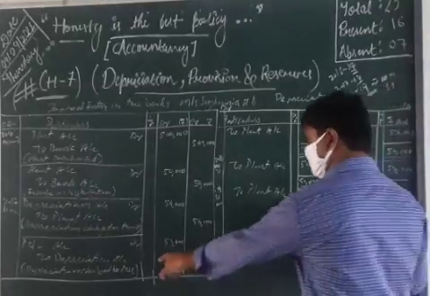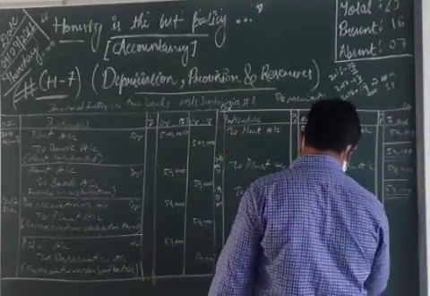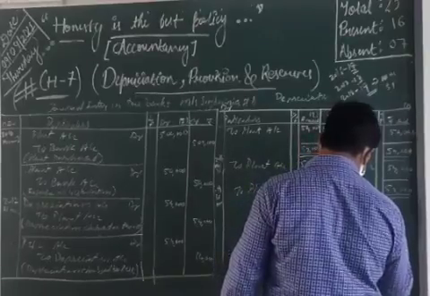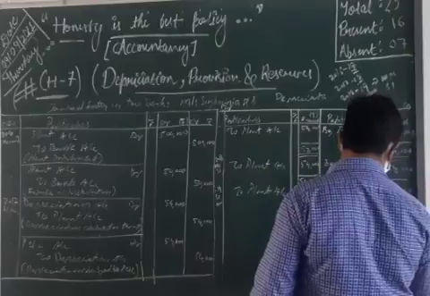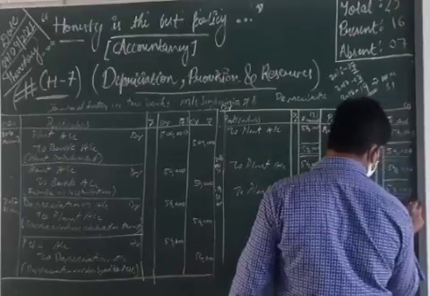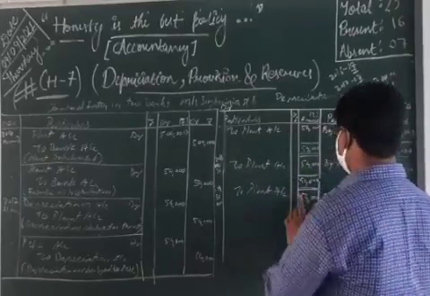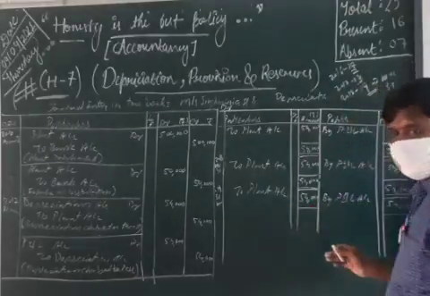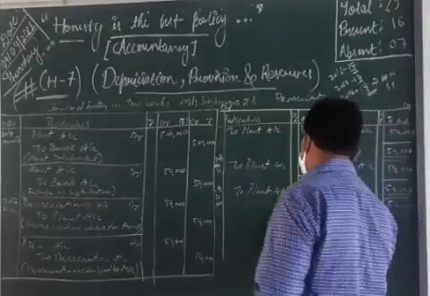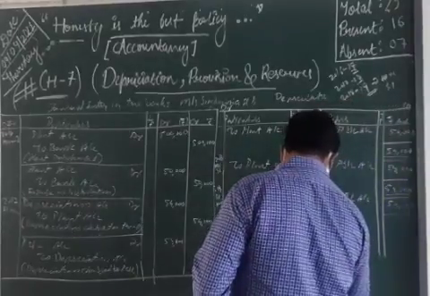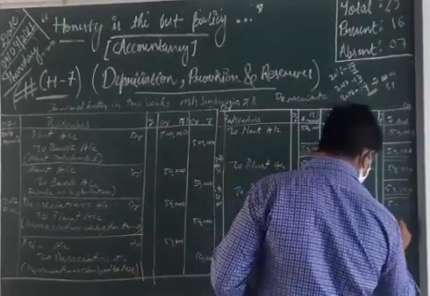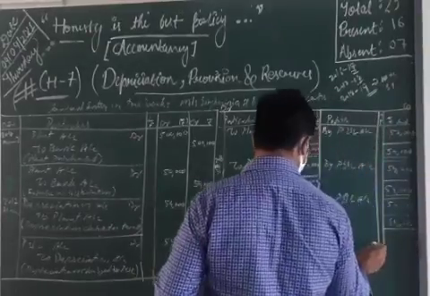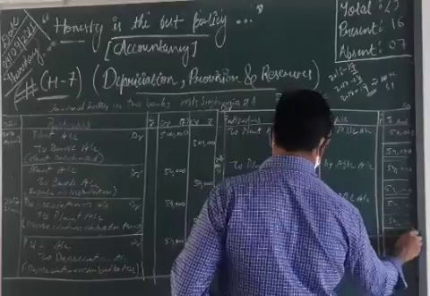So this entry will repeat, by profit and loss account. The amount is the same, 54,000. And here also you can see that for balancing, both sides have equal amounts. So we write 54,000, 54,000. Clear, no?